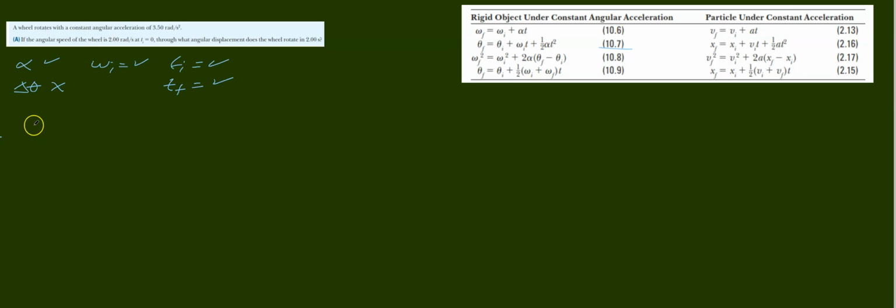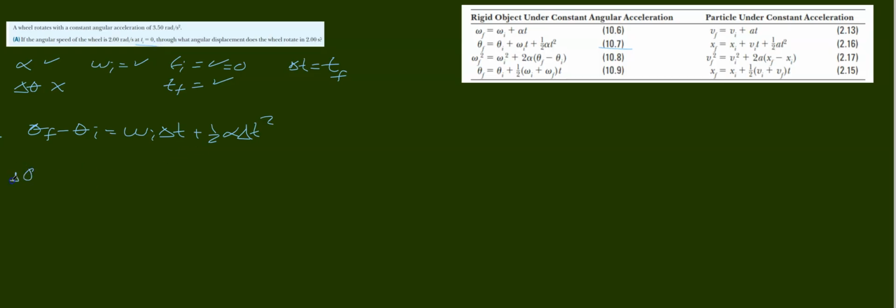So the equation is theta final minus theta initial equals omega initial times delta t plus 1/2 alpha delta t squared. We know delta t is equal to t final because t initial was 0, as we're told here.